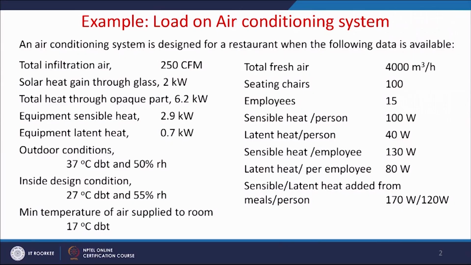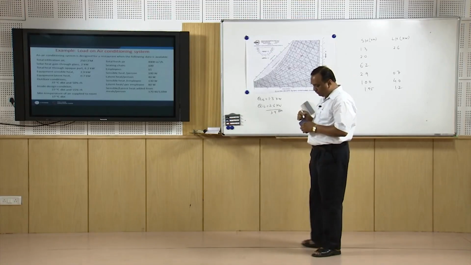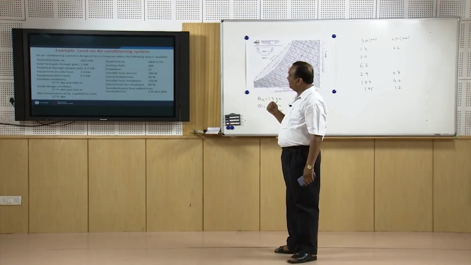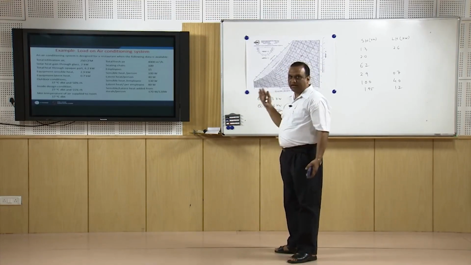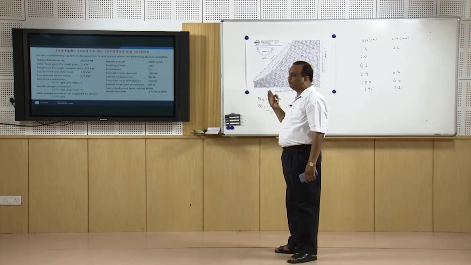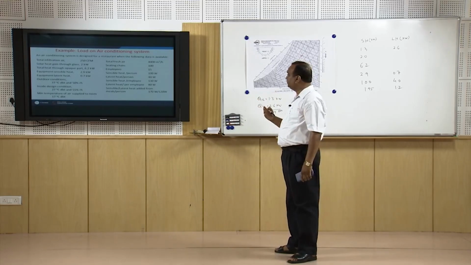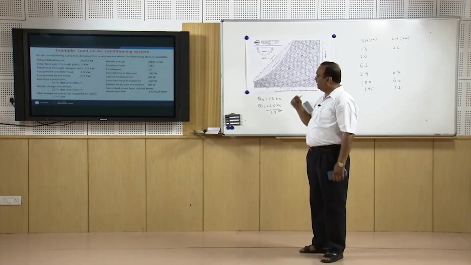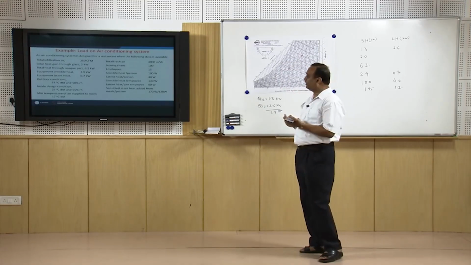Sensible and latent heat added from meals per person. Now the meals which are served to the occupants also contribute towards sensible heat and latent heat. Restaurant is fully occupied. Suppose 75% of the occupants are taking food and 25% are waiting for their food.